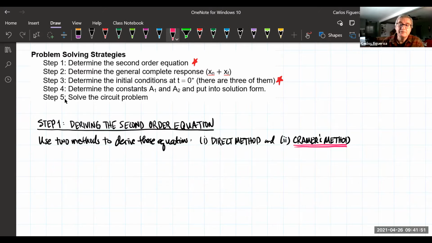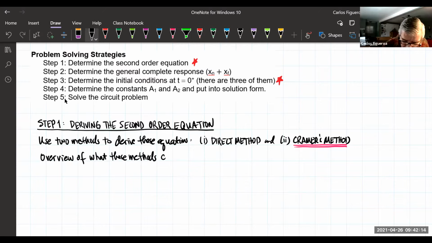So just to give you an overview, I'm going to give you an overview of what these methods contain.